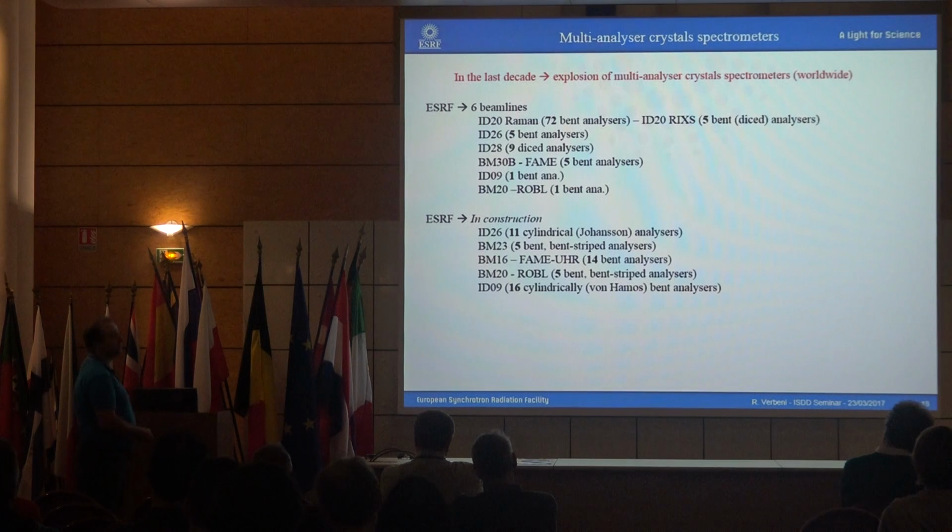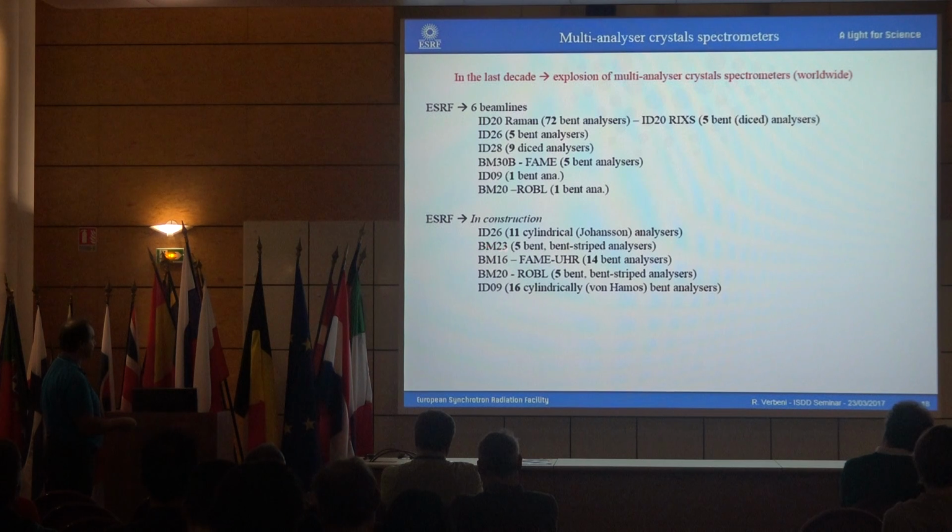But there are several spectrometers in construction. We have a very interesting spectrometer here on ID26 with 11 cylindrical Johann analyzers. We have another couple of spectrometers in construction, BM23 and BM20, which can host 5 band or band stripe analyzers with a curvature radius of 0.5 meters.